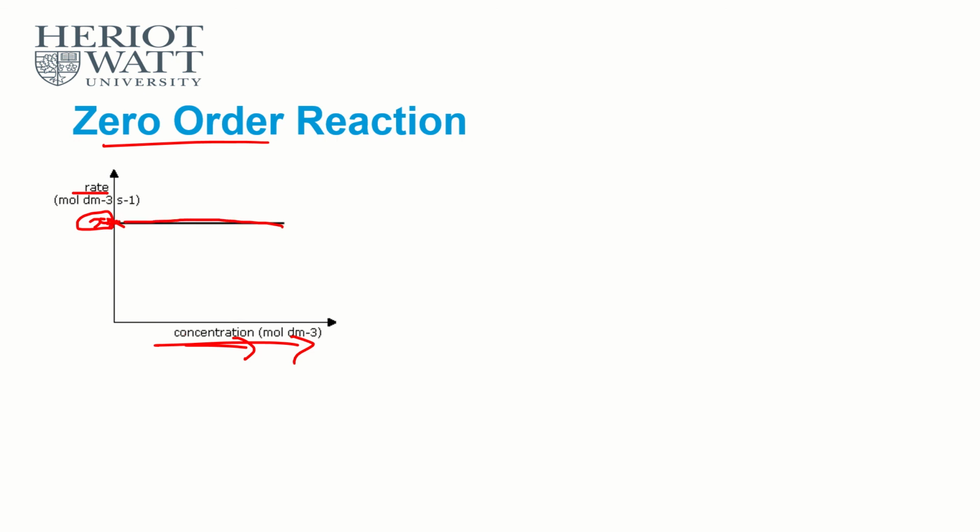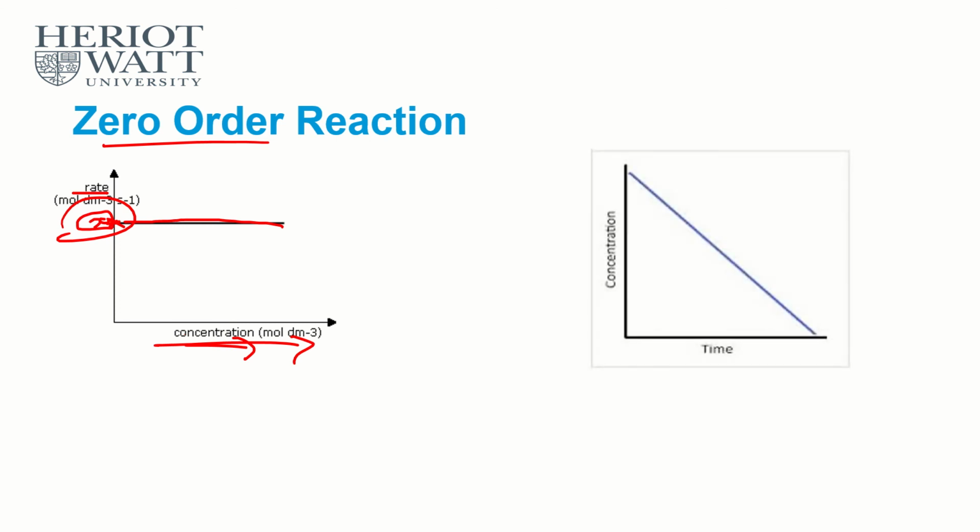So no matter how you change the concentration of a zero order, the rate remains unchanged. So when you see a graph of rate against concentration and you see a horizontal line, that means it is zero order.